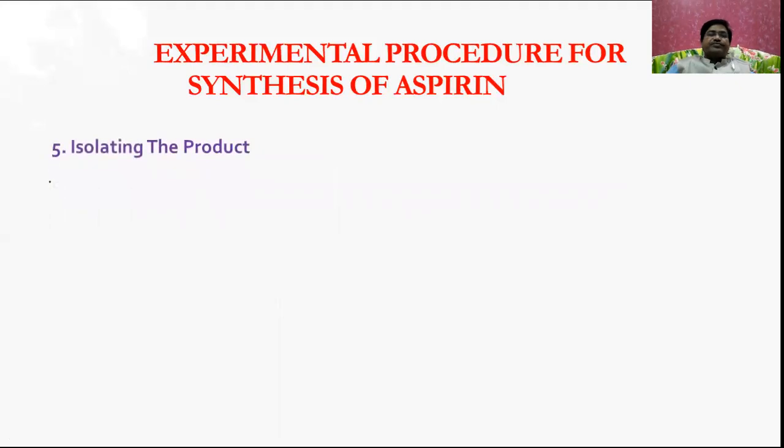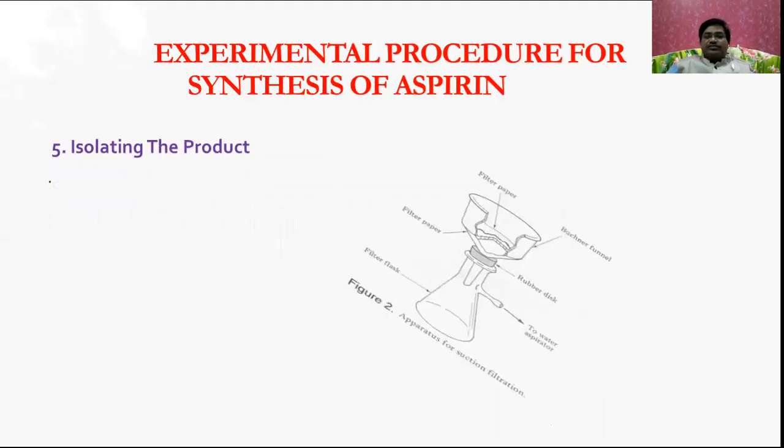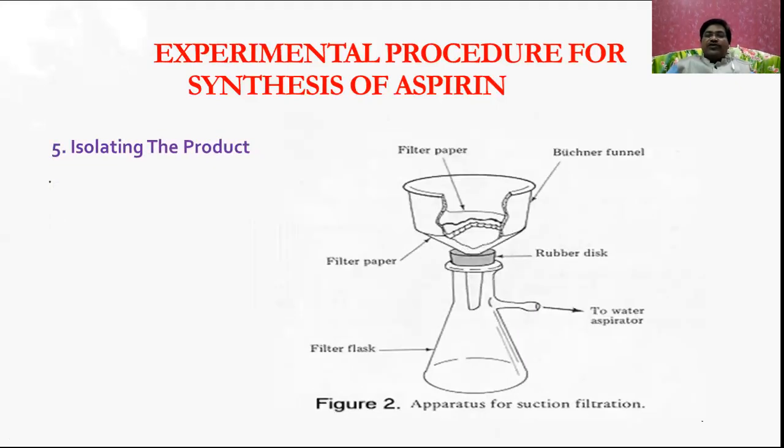Let us see how to isolate this. This is going to be the Buchner funnel. This is the filter flask, and it is connected to a vacuum pump, and this is a rubber cup, with filter paper on the funnel.